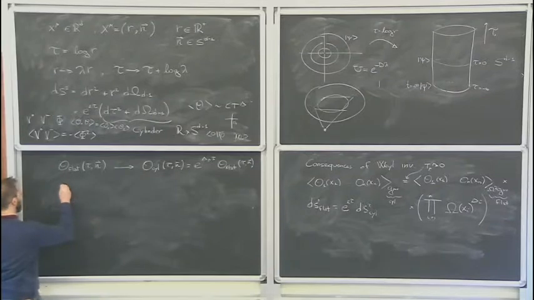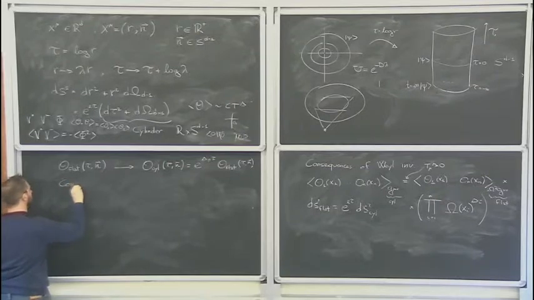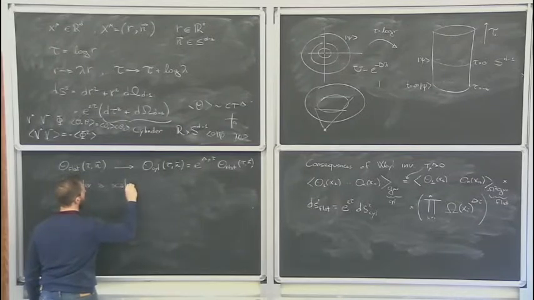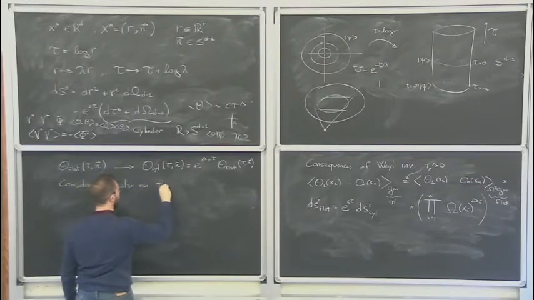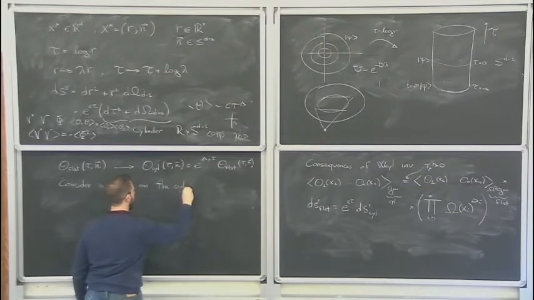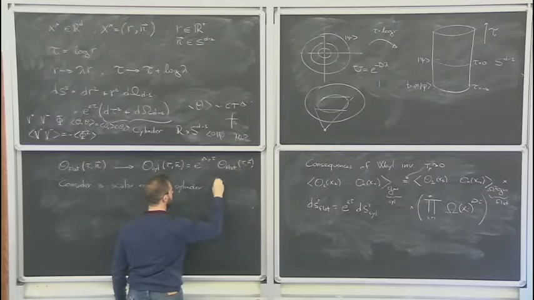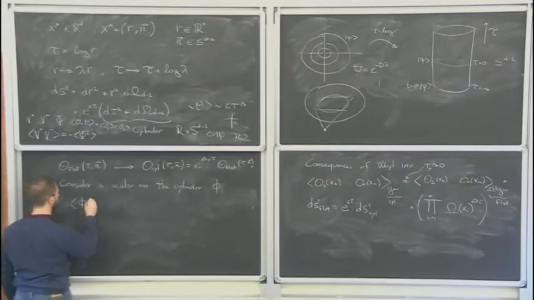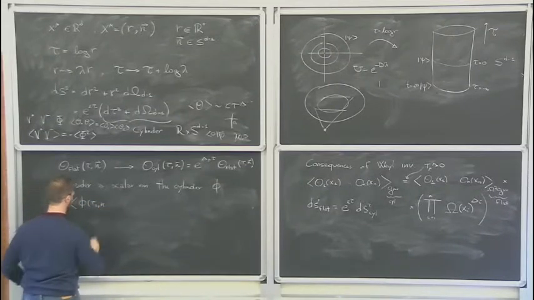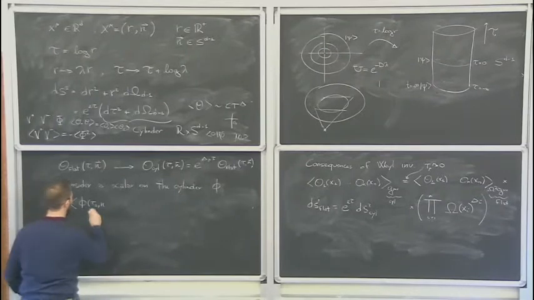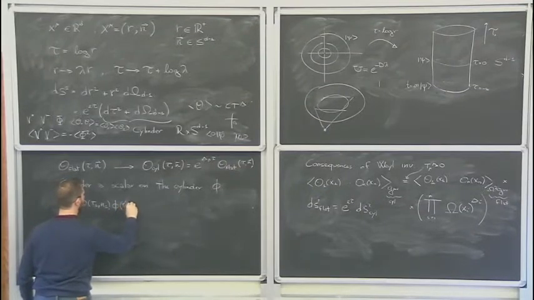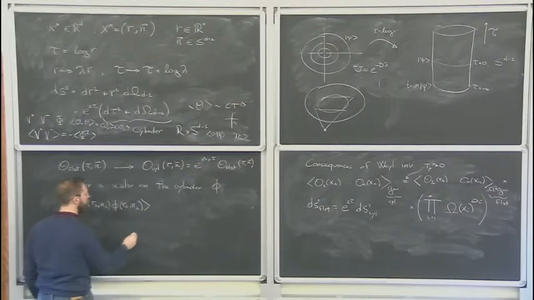If I have my theory on the cylinder, consider a scalar phi on the cylinder, and I want to compute phi of tau_1, n_1, phi of tau_2, n_2 on the cylinder.